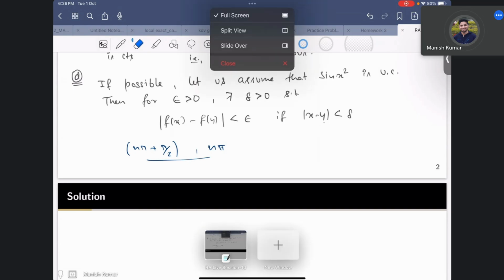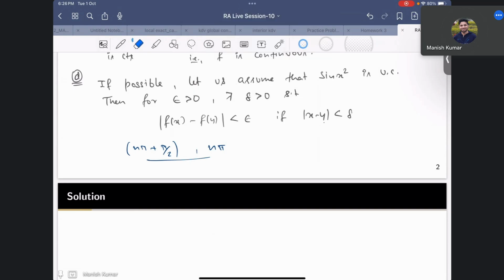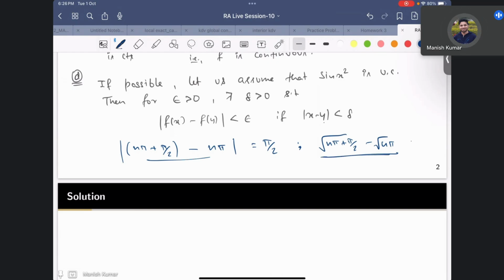So if I subtract these 2 points, the difference of these 2 points is going to be pi by 2. But if I take the root, then you can see that for large n this is going to be very small. That anyway I'll prove it. But this you can make very small.